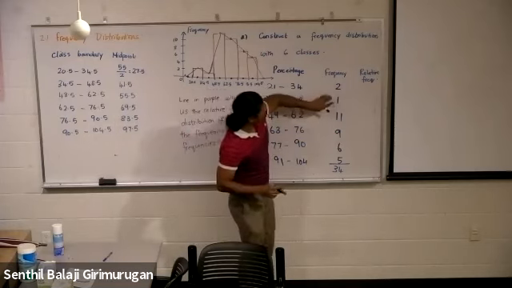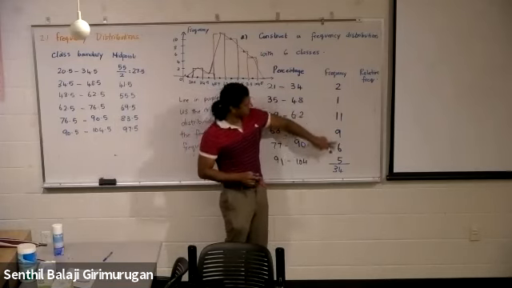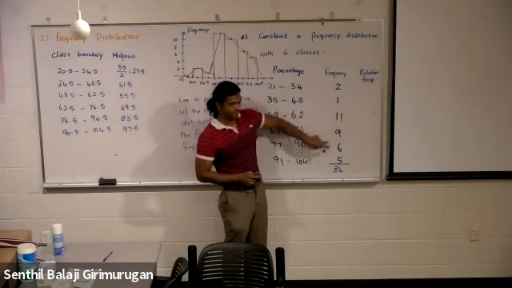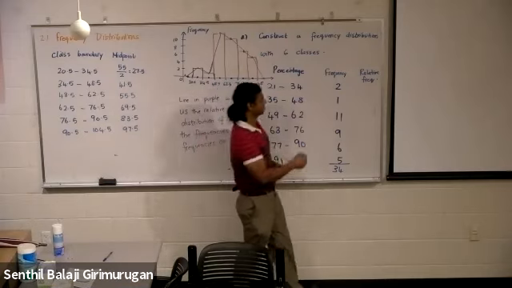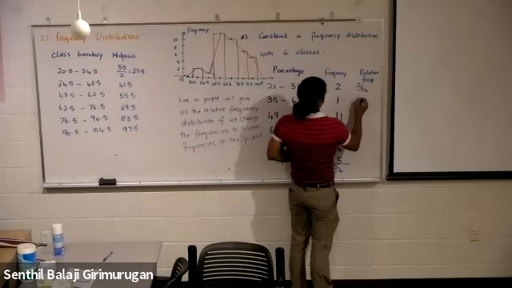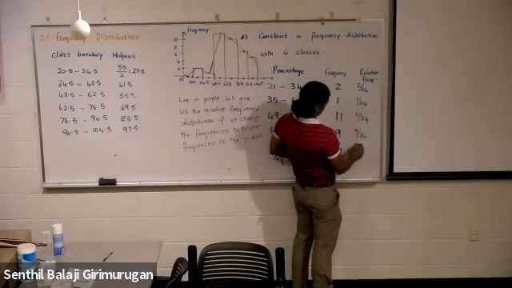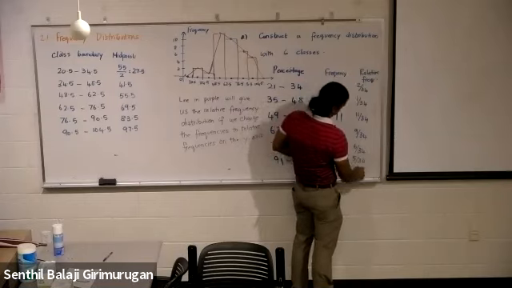All we have to do is take 2, divide by the total. 1 divide by the total. 11 divide by the total, and so forth. So 2 over 34, 1 over 34, 11 over 34, 9 over 34, 6 over 34, 5 over 34.